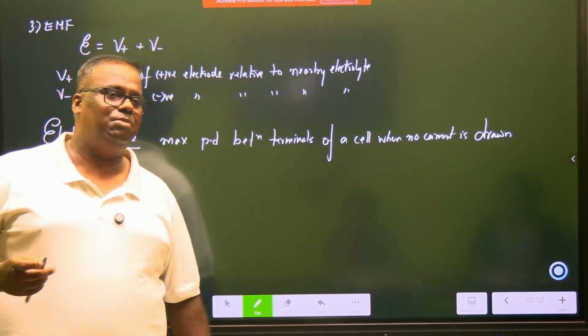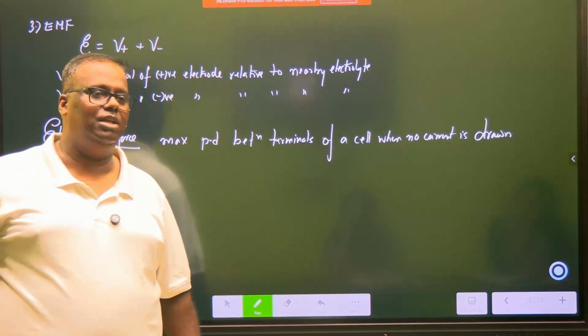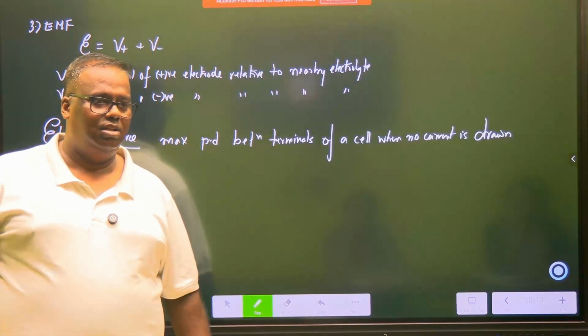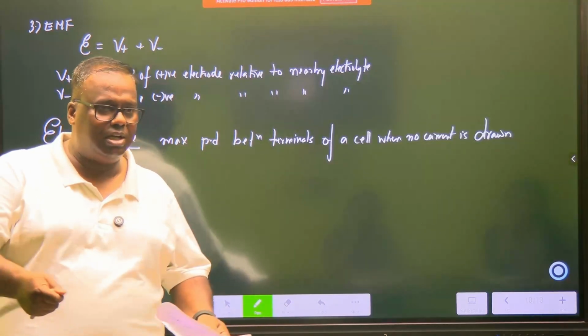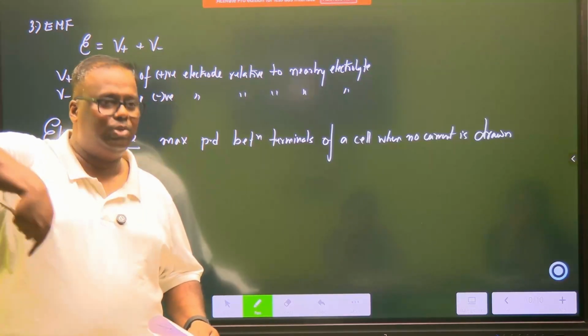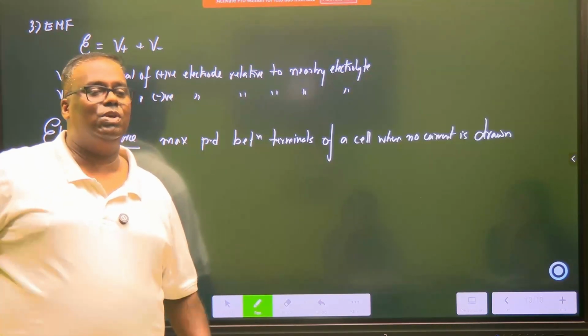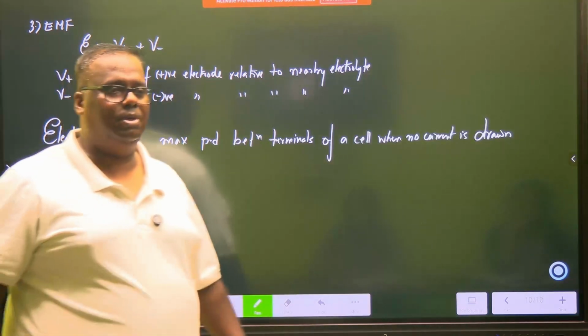If I say that the EMF of a Duracell single battery is 1.8, then you will come and connect it. You have to measure and get 1.8. So once you put an electrical device, an ammeter or whatever, or a voltmeter, current is running through it. So at that time, there is a drop.